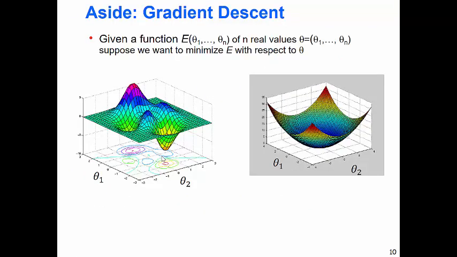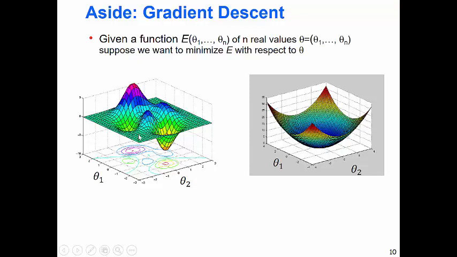Some of you who have taken machine learning and deep learning will have seen this sort of thing before, but we're going to review it anyway, for those who haven't seen it. The typical way to do this is with something called gradient descent. The idea is you have some function, I'm going to call it E, for error, and it's a function of some number of parameters, n, which we'll think of as our weight parameters.